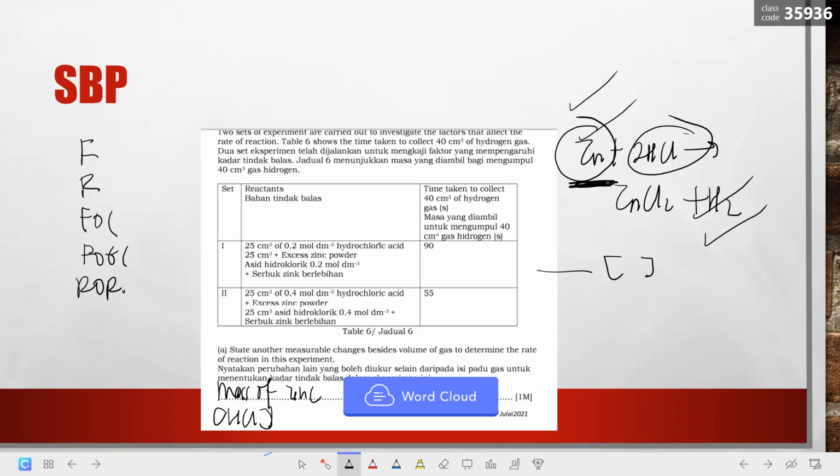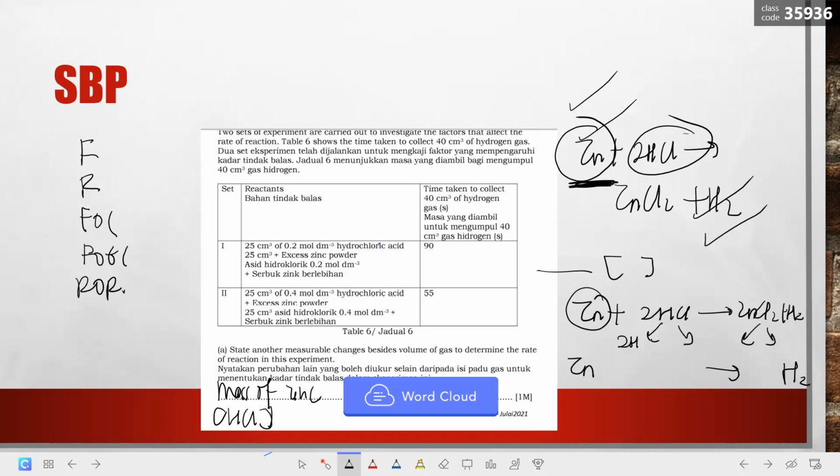Zinc plus hydrochloric acid gives ZnCl2 plus H2. Whatever is solid, liquid, and gas, I can't touch. Zinc is a solid, I don't touch. Hydrogen gas is a gas, I don't touch. The rest I can break up.